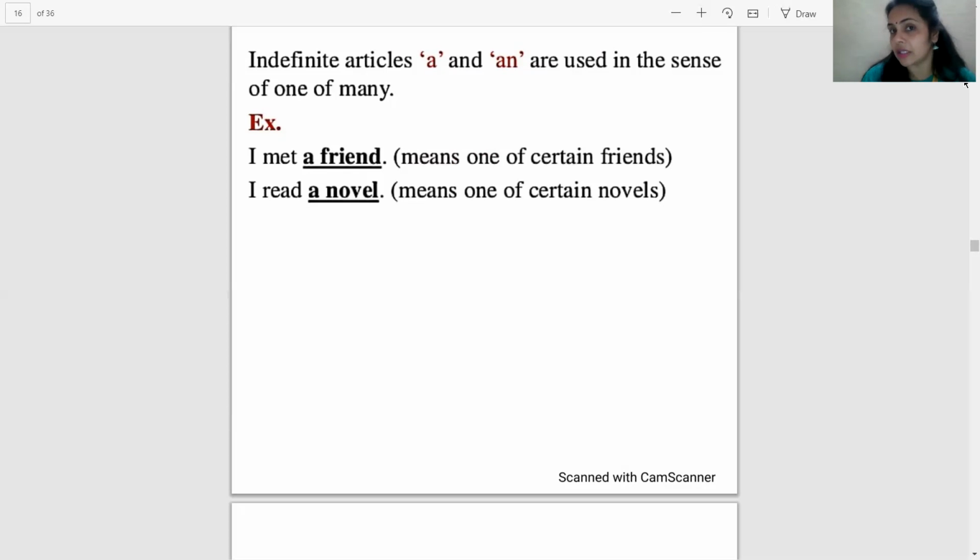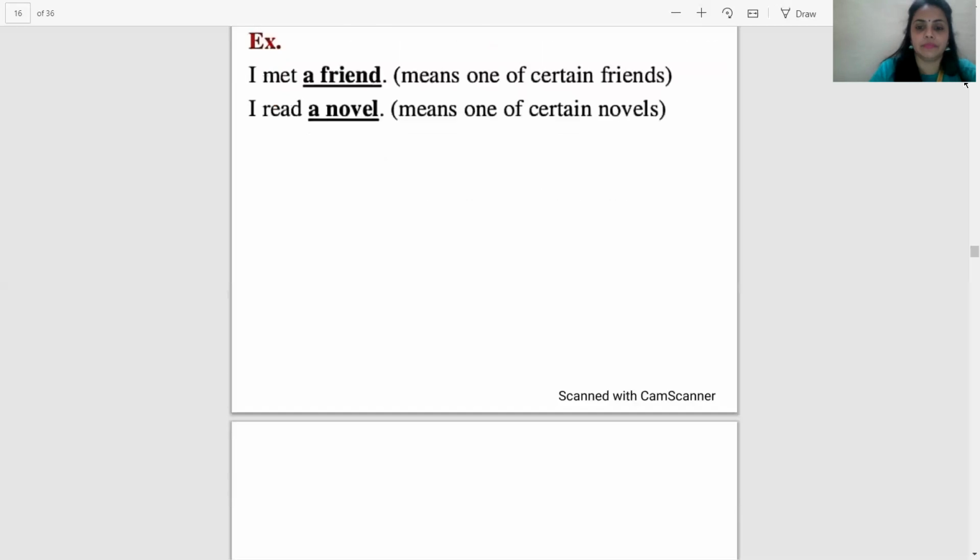How will the article change? I met an old friend. Instead of a friend, I have used an, because between the article and the noun I have used one adjective, old, which begins with a vowel sound. I read a novel. Out of so many, one of the novels I read. In this way, we can understand this.